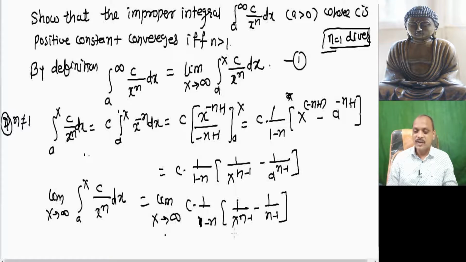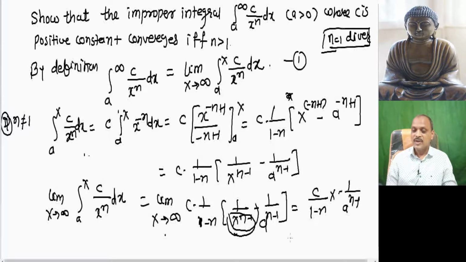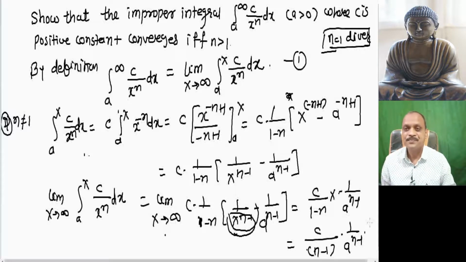Look at this part, this goes to infinity and this whole fraction tends to 0. So this is equal to c divided by 1 minus n into minus 1 divided by a raised to n minus 1. We write this as c divided by n minus 1 into 1 divided by a raised to n minus 1.